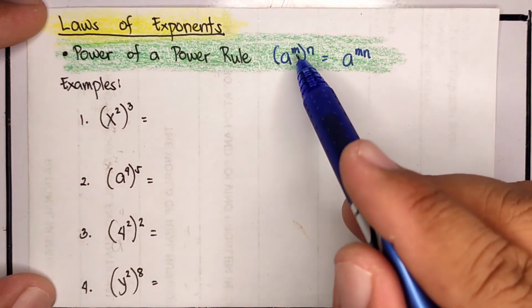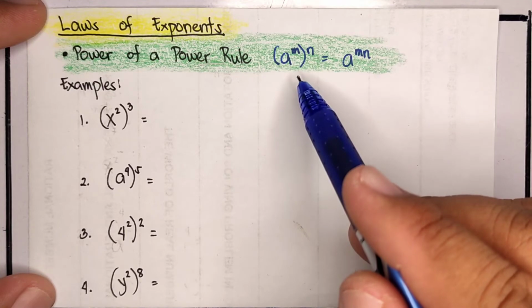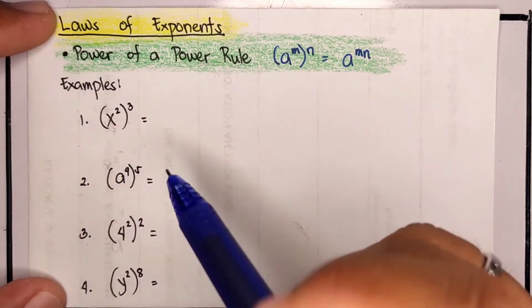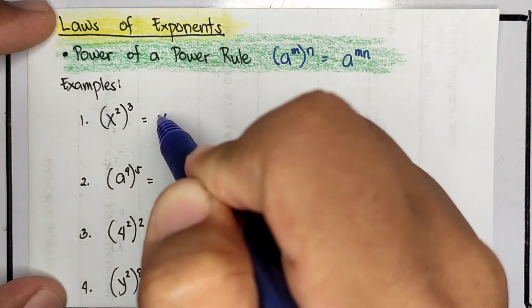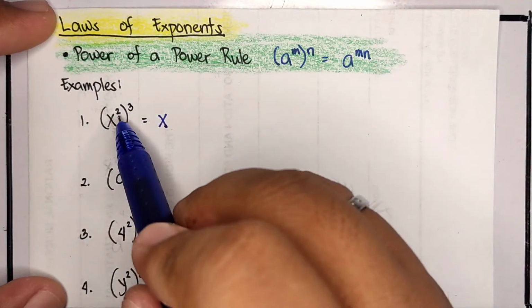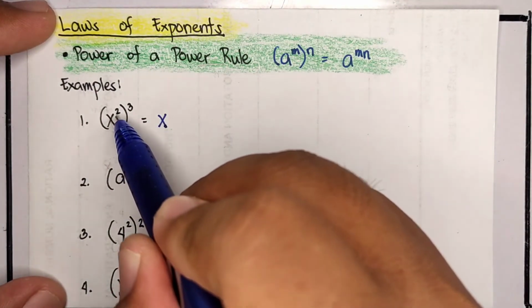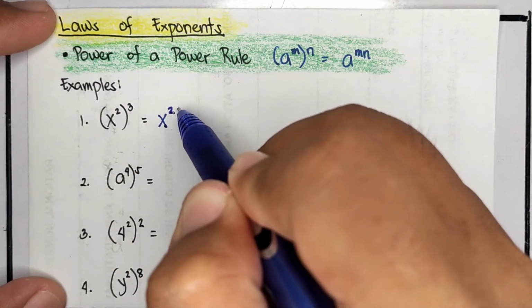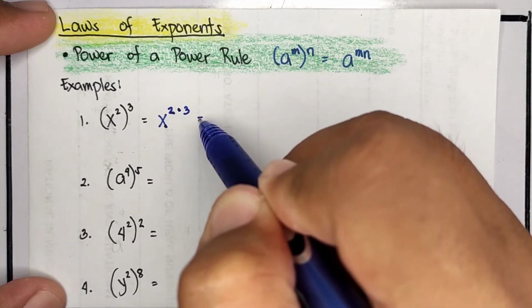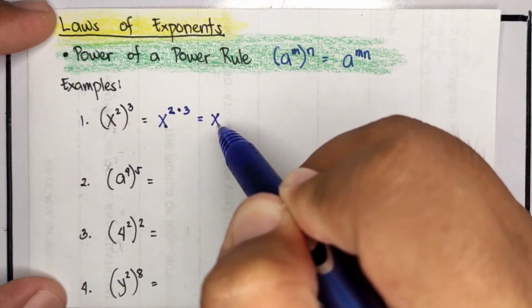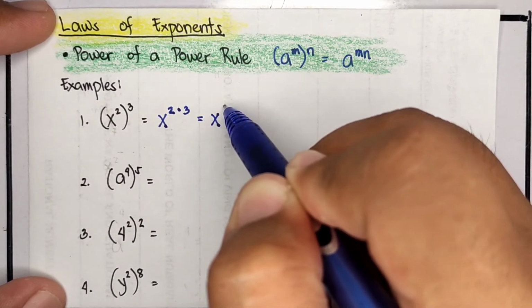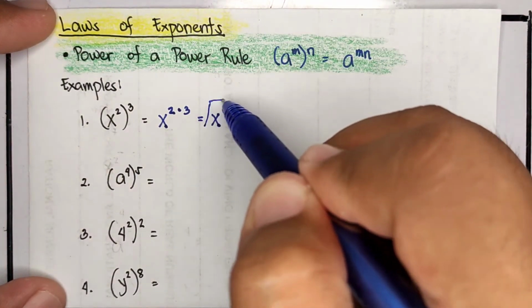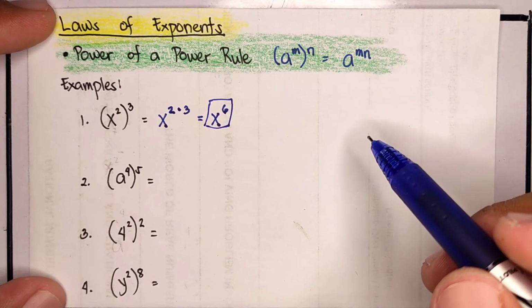It means we will multiply the two exponents. Okay, let's have here our example: x squared raised to the power of 3. Then you will have 2 times 3, and that is x raised to the power of 6. We will not add them, we will multiply.